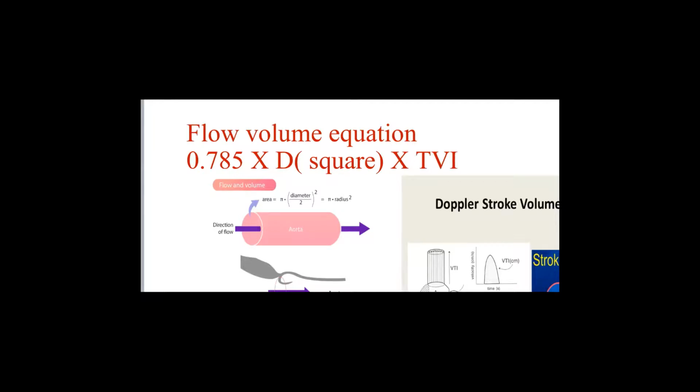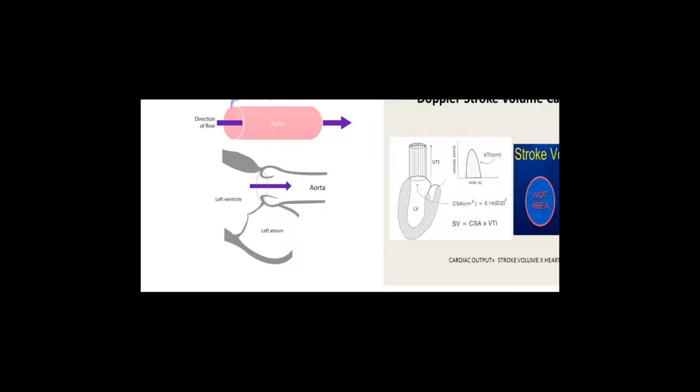This volume can be at the mitral annulus, because the mitral annulus is a circle. You can check the diameter at the LVOT, at the aorta, at the RVOT, okay, wherever. Now, if I ask you a question, what is the most sensitive factor in this equation and liable to errors? Diameter, exactly. A diameter is not always easy to measure.